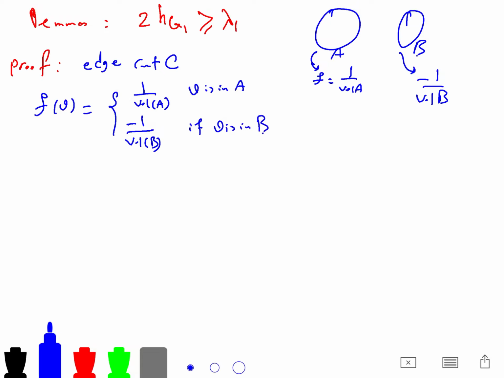I think I have explained this in my playlist on Scalable Machine Learning about spectral clustering, but let's just review it. So, what is lambda 1?